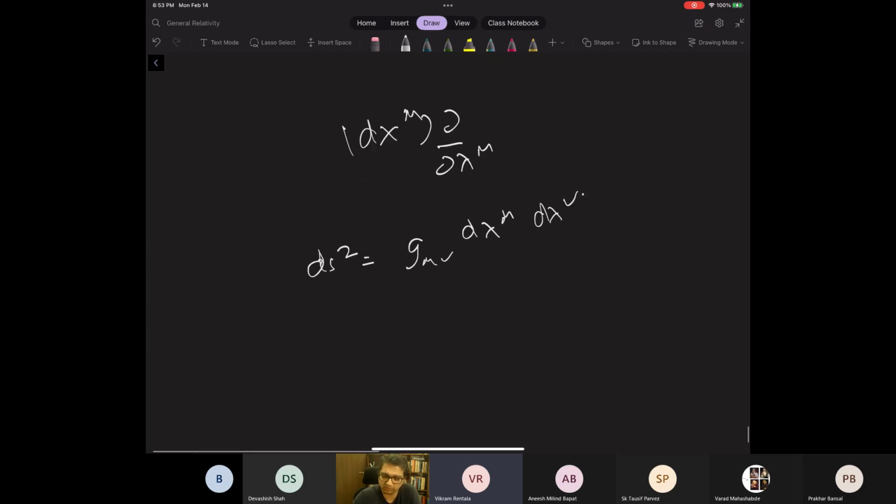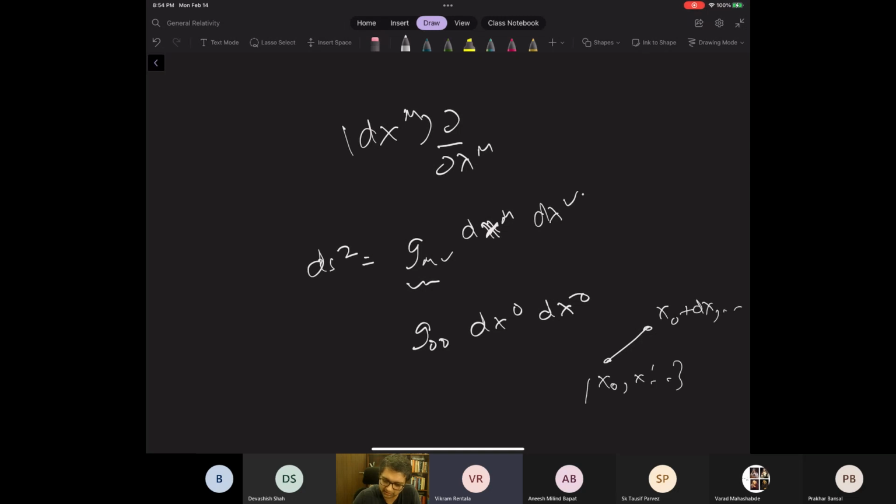So we're feeding it a displacement and it's telling us the distance. If I take x0 only, and take g00, this tells me the distance as I move from one point with x0 and some other x's to x0 plus dx0 and some other x's. This is telling me the distance that I travel.